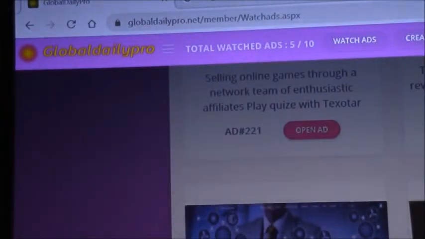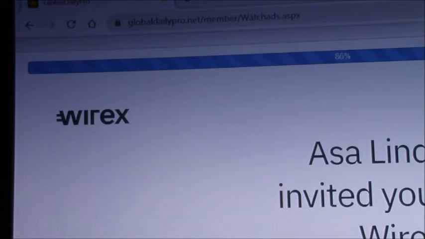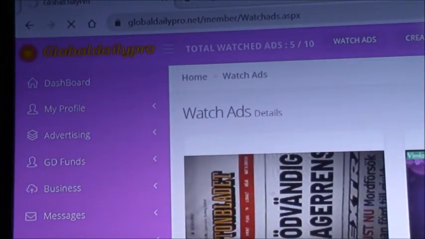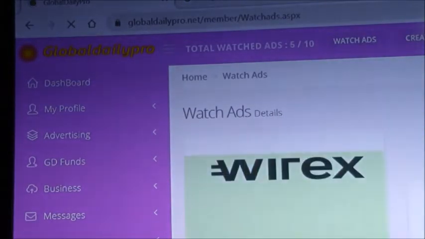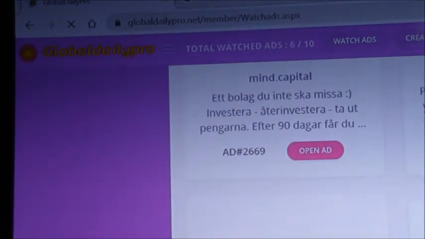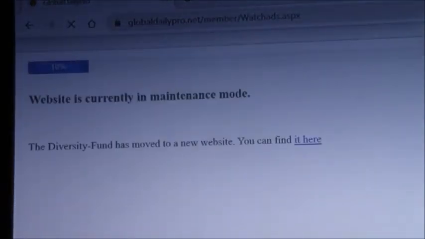See, that's so fast for that one ad. And then you just have to click next, and it goes and then you click more ads until you finish the 10 ads. So this is what you're gonna do every day, just click ads.